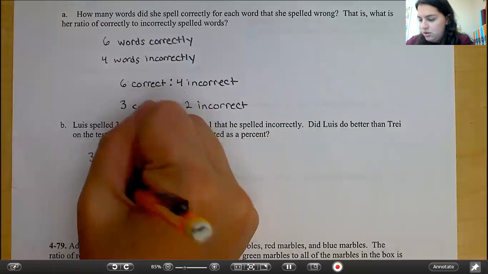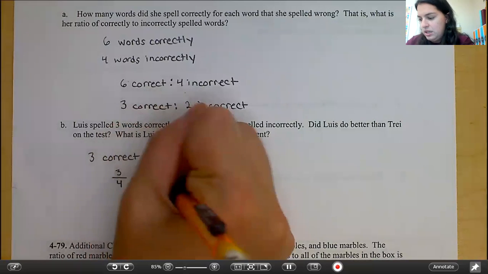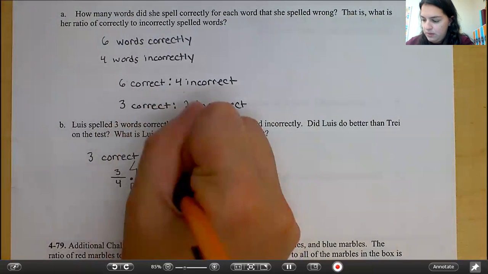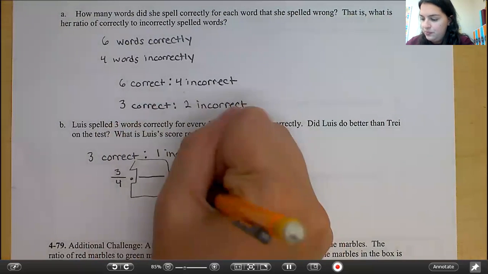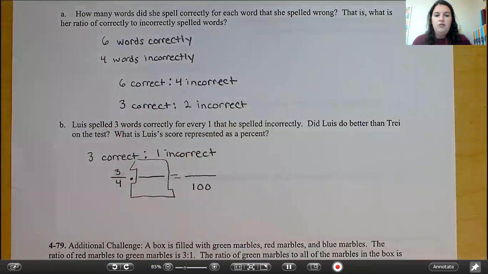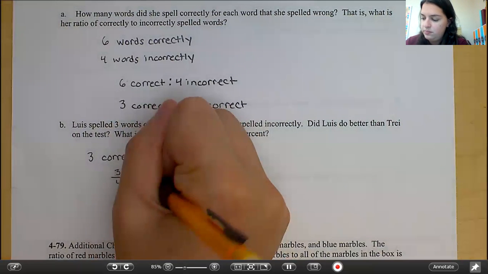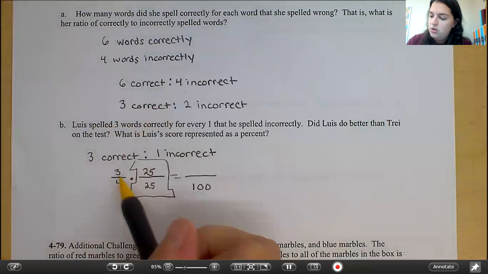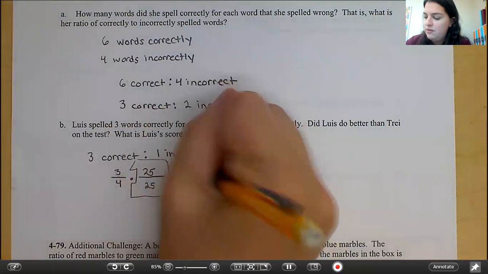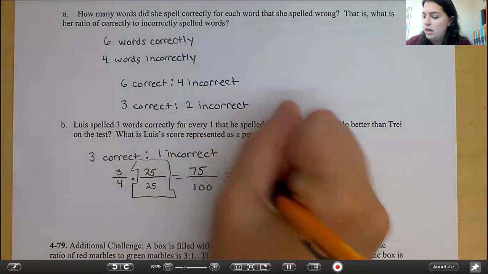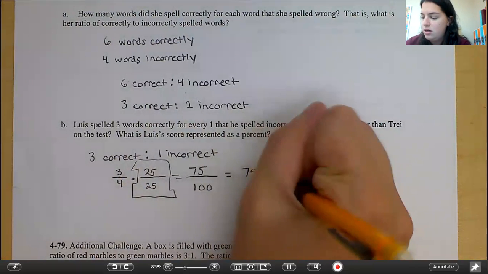So now you need to ask yourself, to get a percent, remember percent is out of 100, 4 times what is going to give you 100? It's going to be 25. So 3 times 25 is 75. So he got a 75 out of 100, so he got a 75%.